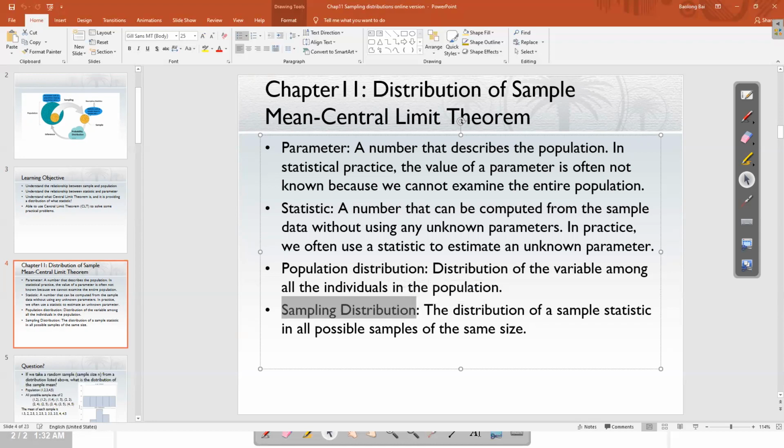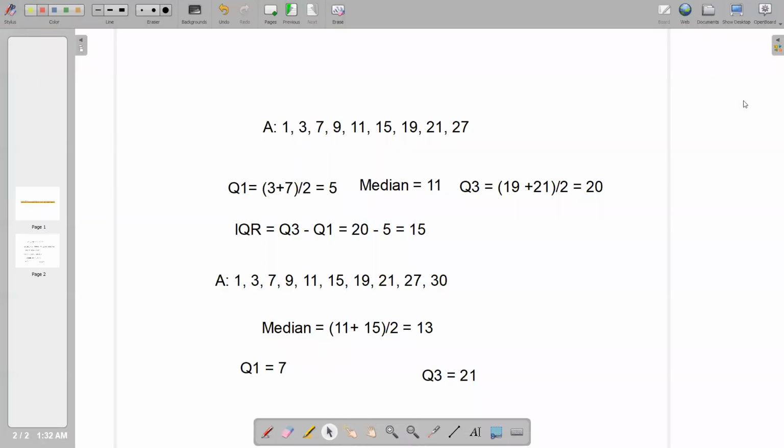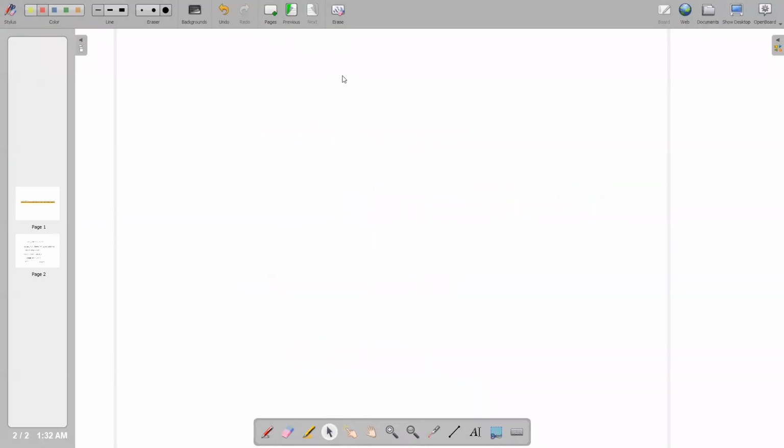Okay, so let's spend some time on that. So you have a population. Population has many, many individuals in there, right?